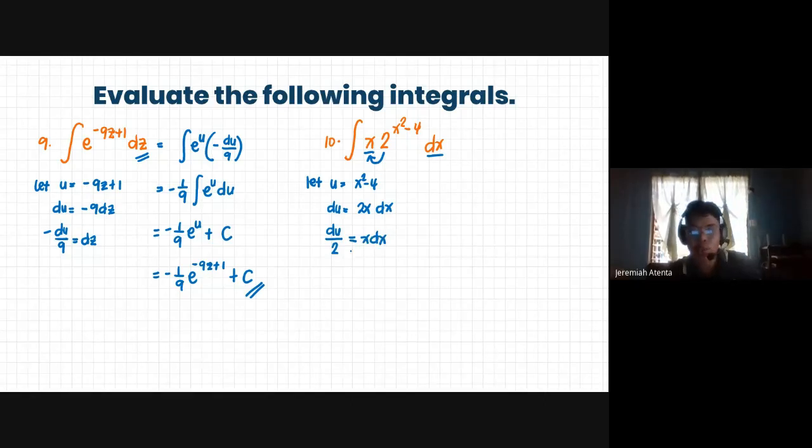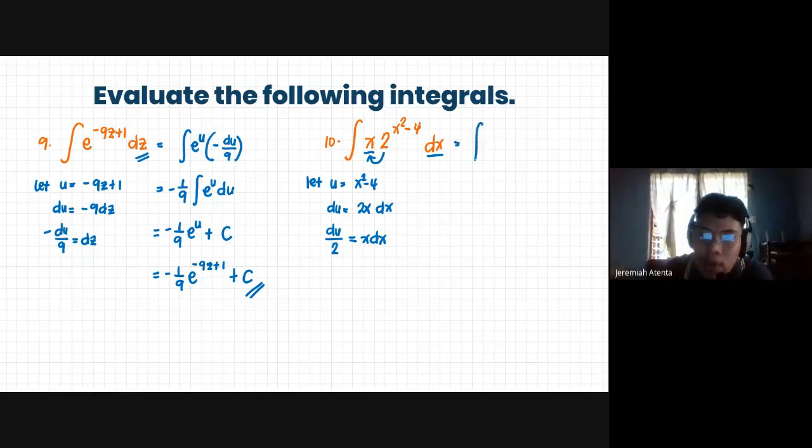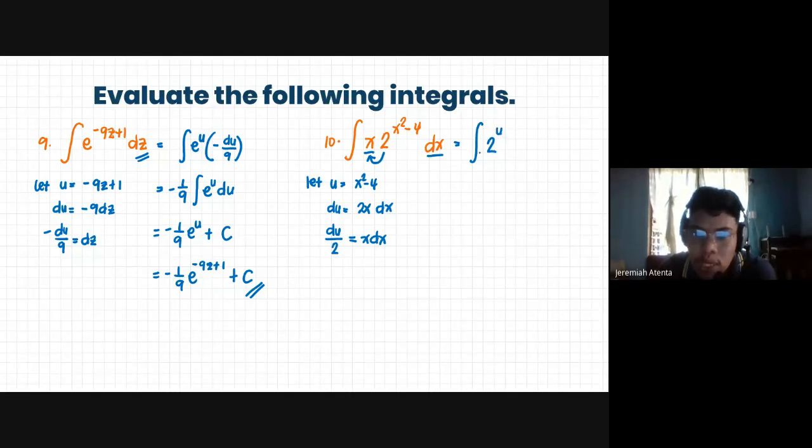Okay? So from that, we will now have the integral of x dx is now du over 2. So wag nyo nang ilagay si x. Si 2 na lang. 2 raised to x squared minus 4 is u. Then x dx will be du over 2.